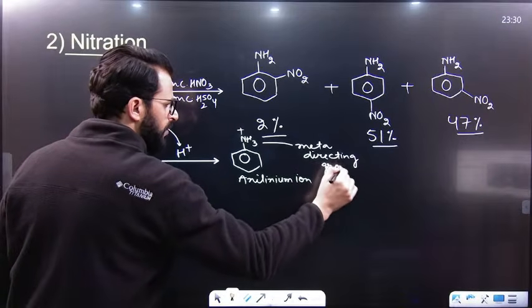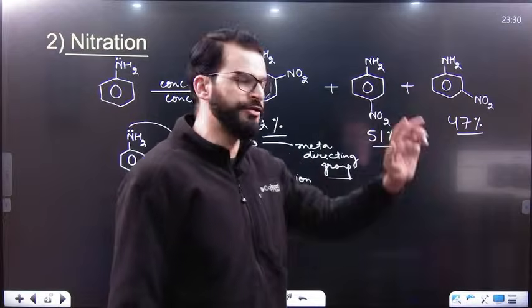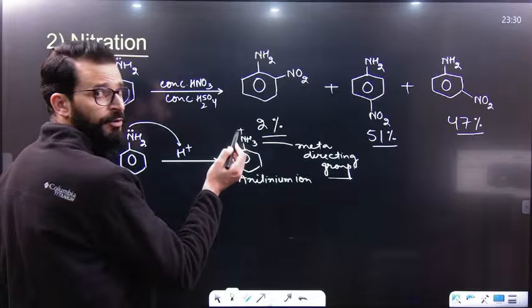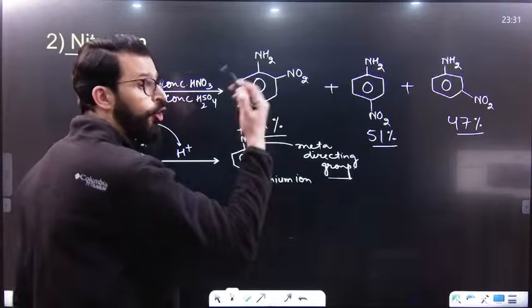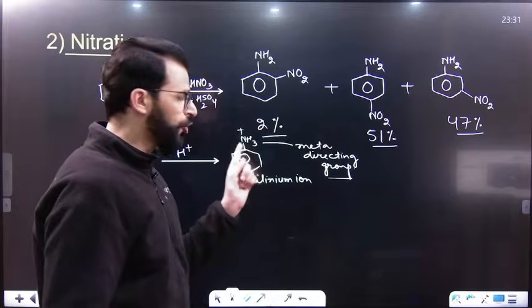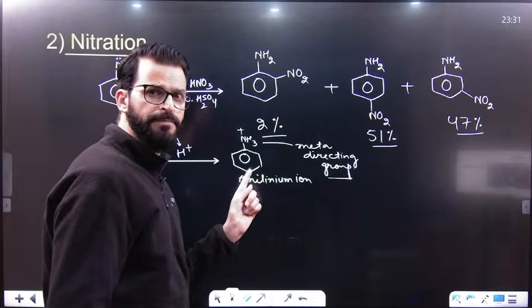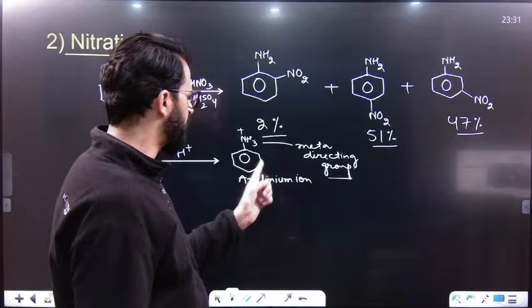Now the question is, why is this less, why is this more, why is this in between? NH3 positive will simply withdraw electrons with the help of the inductive effect. So it will decrease the electron density of ortho more because it is closer to ortho. It will decrease the electron density of para too, but in lesser amounts as compared to meta and ortho.